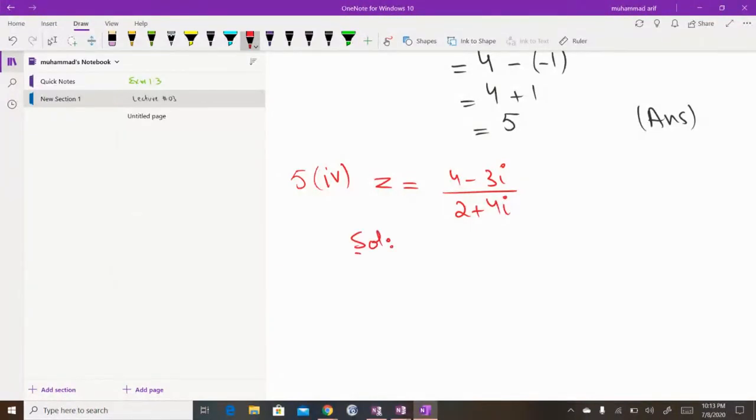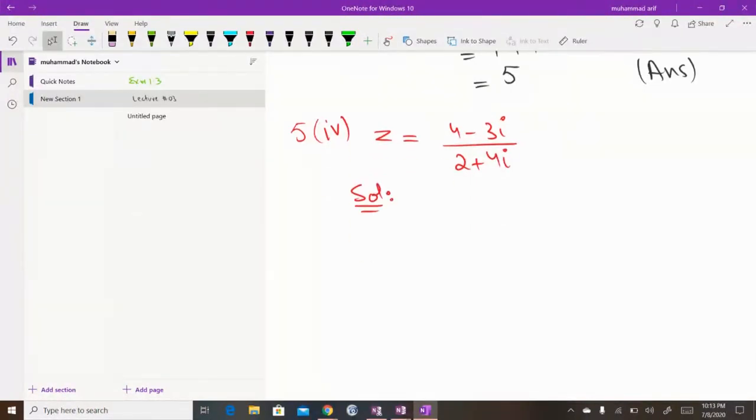We are to find the four parts, that is z conjugate, z plus z conjugate, z minus z conjugate, and z into z conjugate. First of all, we simplify this z into its standard form or simplest form.